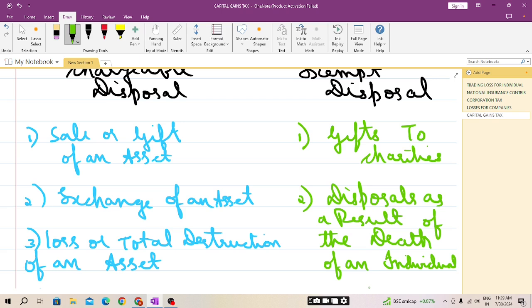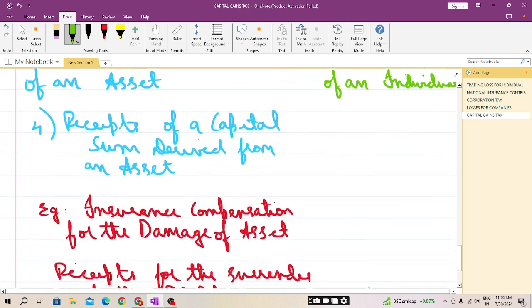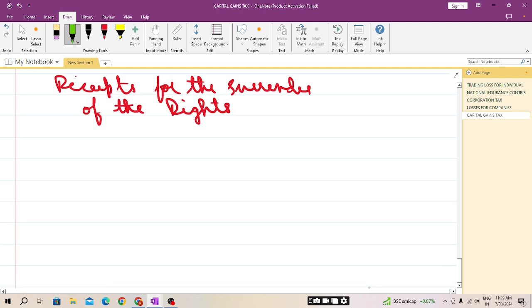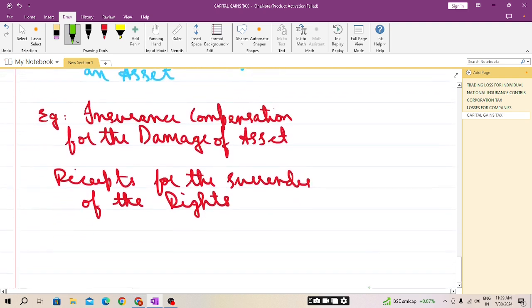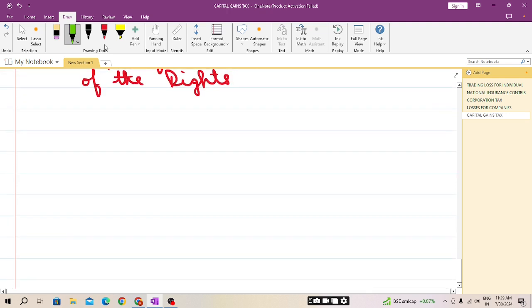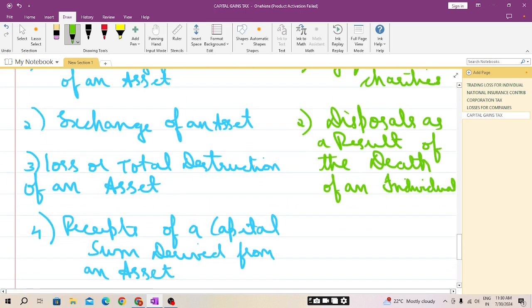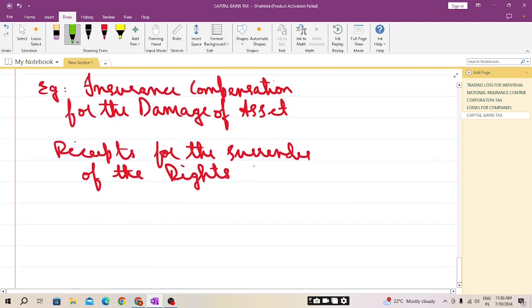I hope this is clear, students. Many students will have confusion between CGT and IHT. We will be drawing a flow chart after this. If the disposal is a result of the death of an individual, it will be an exempt disposal. This will be covered under IHT.